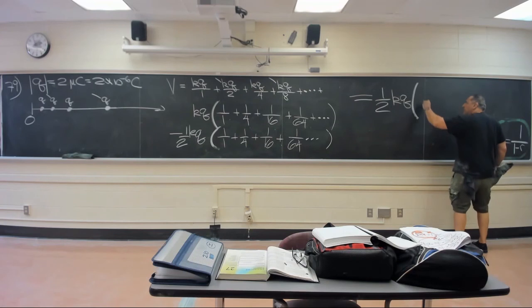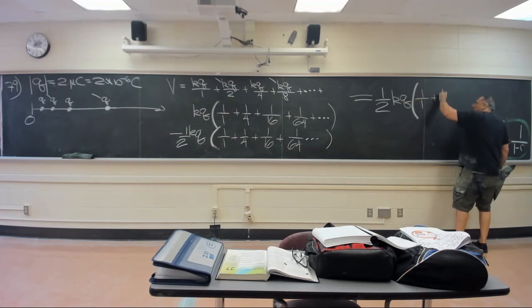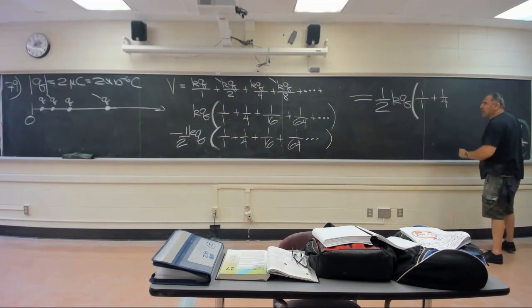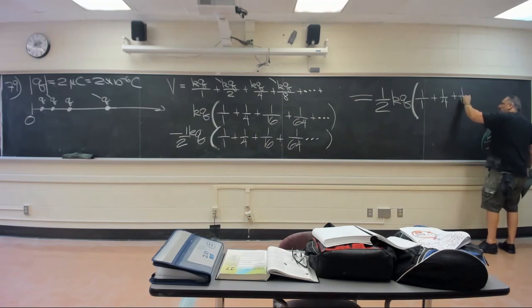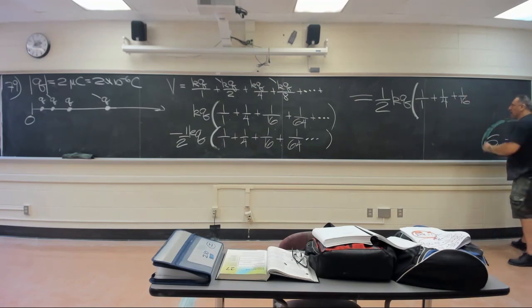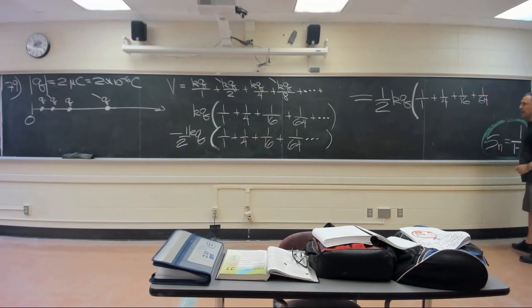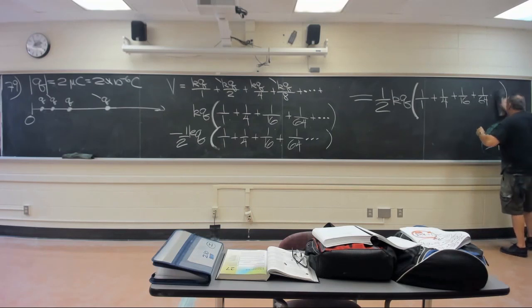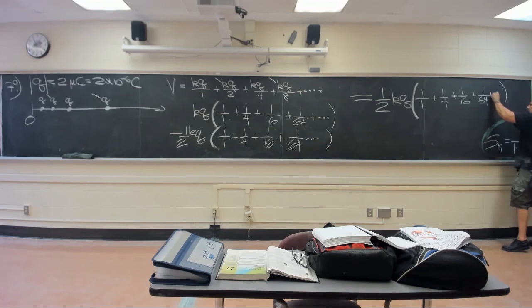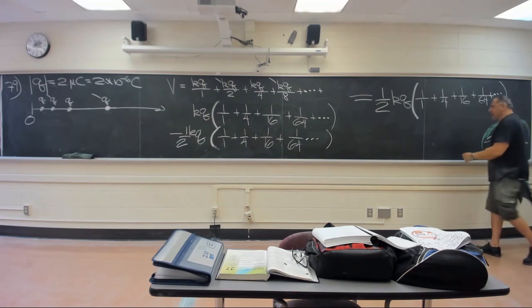Let me not try to get too ambitious here. 1 plus 1/4 plus 1/16 plus 1/64 plus ... Well, can I make it look like this? Yeah, I got to find out what R is, though. I got an idea.